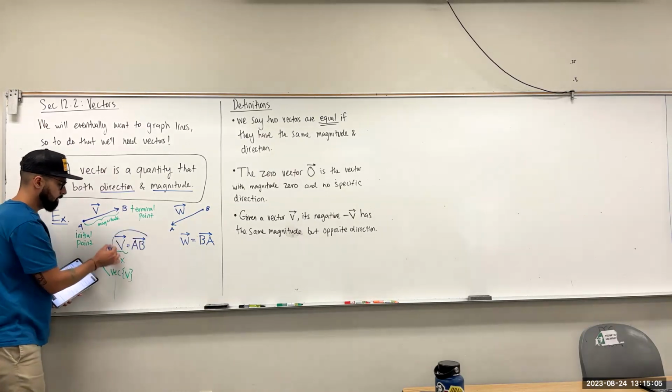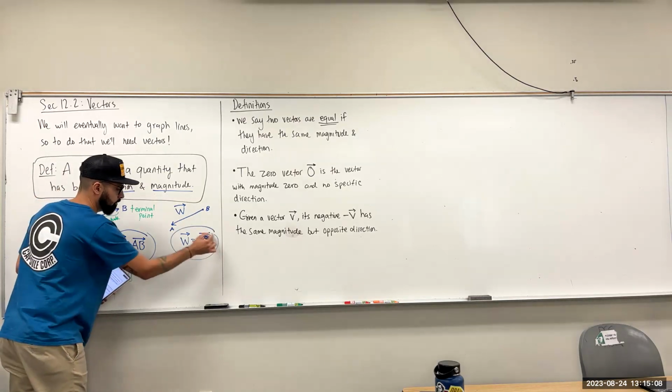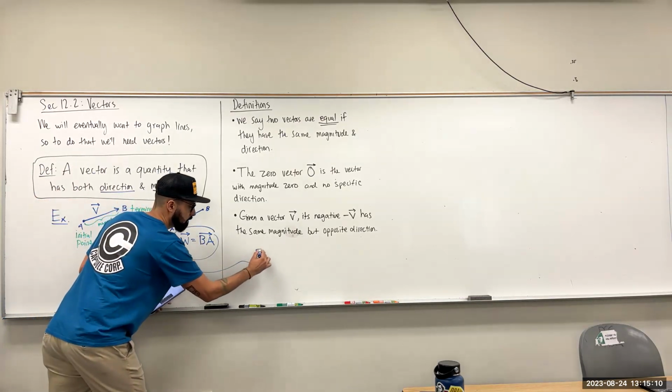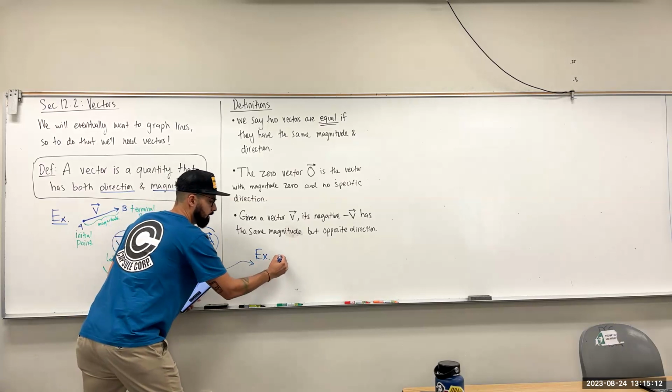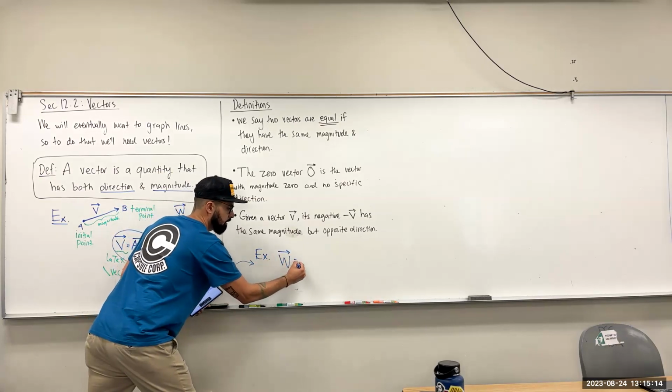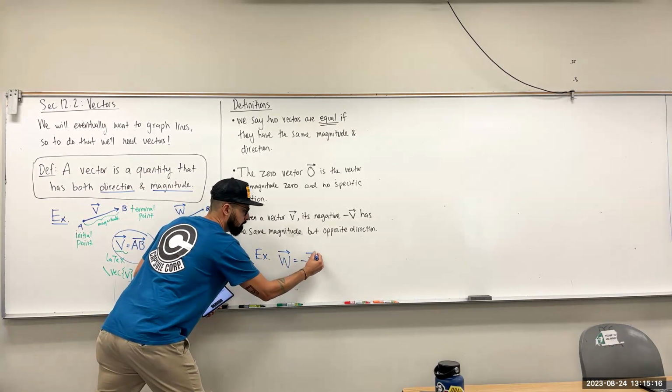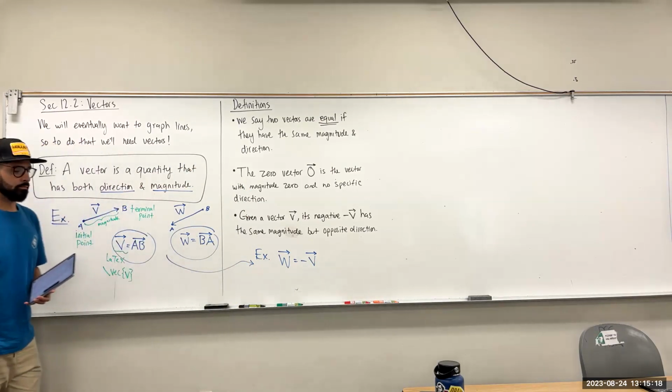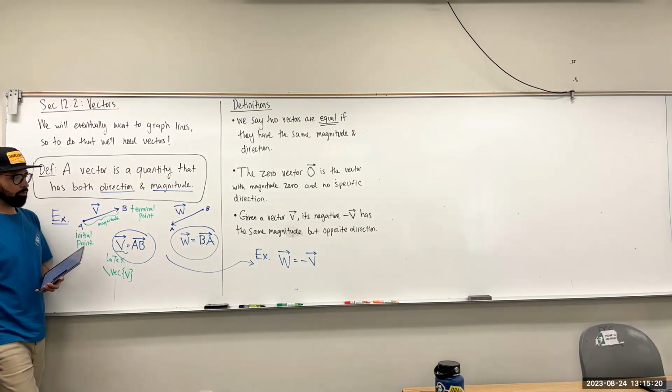If we grab these two, we can say that W is the negative of V. Like that.